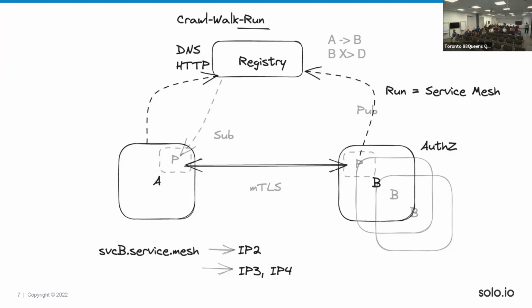So we have MTLS for both identity and an encrypted channel between our applications. We've eliminated the static networking infrastructure that we had with the load balancer and firewall, and we're able to do things like authorization using network policy and application networking policy.